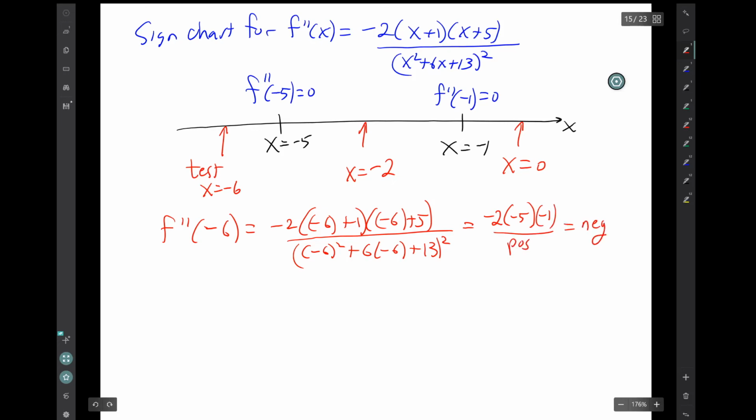Notice that we know the denominator is never going to be 0. The denominator is squared, so the denominator is always going to be positive. So we can compute the sign: f double prime of negative 6 is going to be negative. We can compute that even though this is a horribly messy expression.